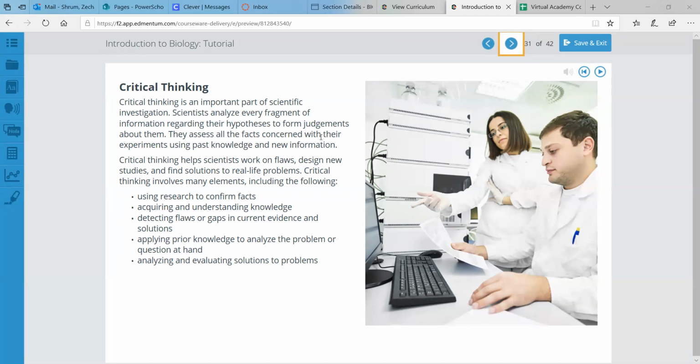You will detect flaws or gaps in the current evidence in your area of interest. Prior knowledge can help you analyze problems and questions currently. And then looking at solutions, you can develop other solutions to other problems, okay? So being skeptical, critical, you really want to make sure you're doing the best you possibly can.